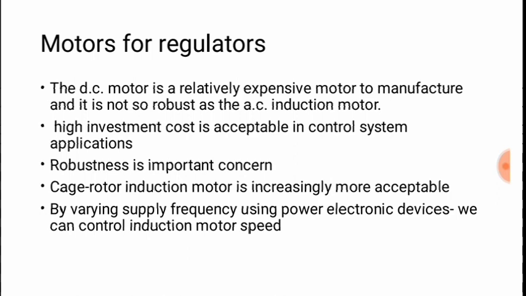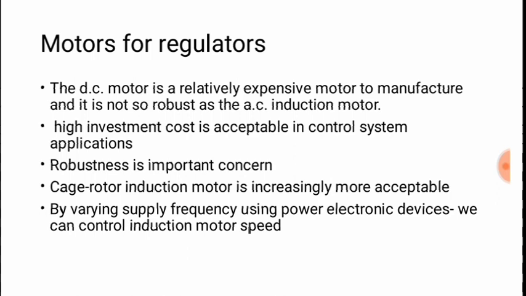But for application in speed regulators, induction motors have some problems. What is that? For controlling the speed of an induction motor, we have to use special power electronic regulators. During the initial days of the industrial revolution, we mainly used DC motors for this application.